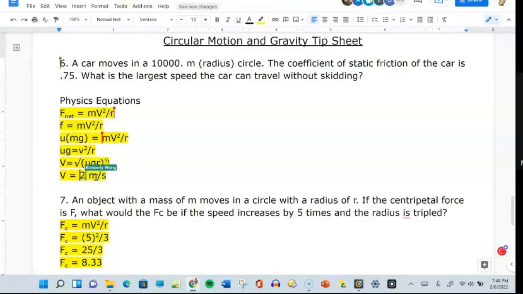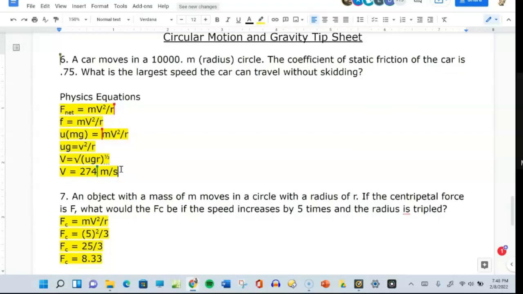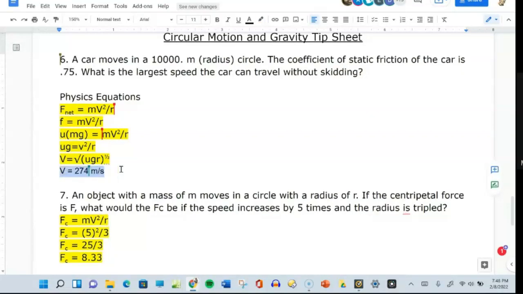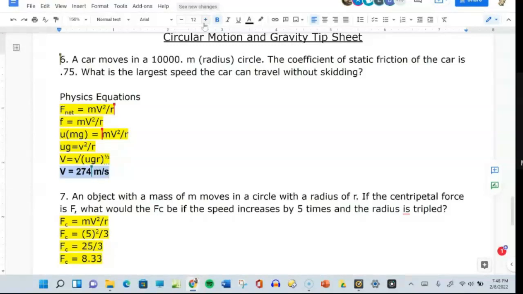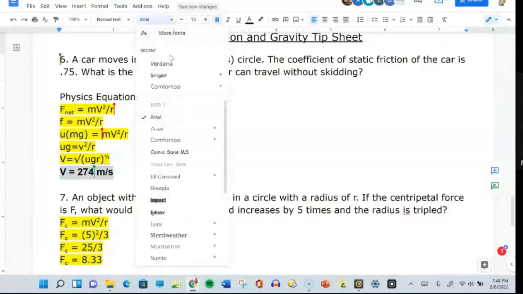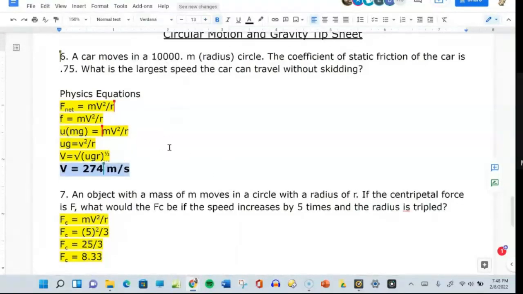Girls, what are you getting when you do mu times g times 10,000? So it comes out to 274. Anybody corroborate that answer? I got that too. All right, terrific. Let me put that. So there you go, girls.